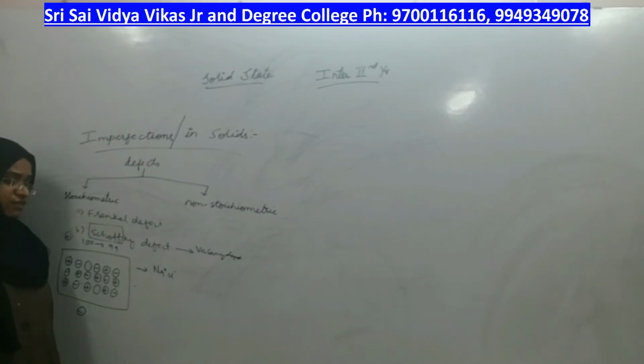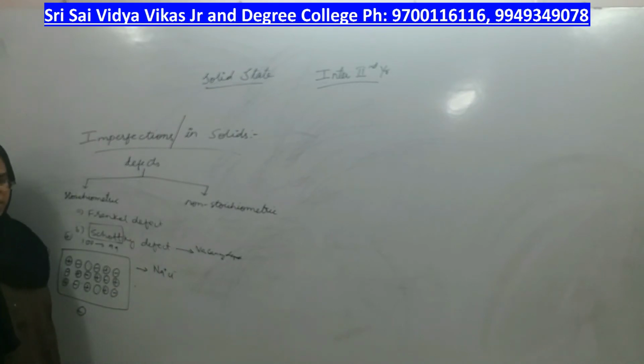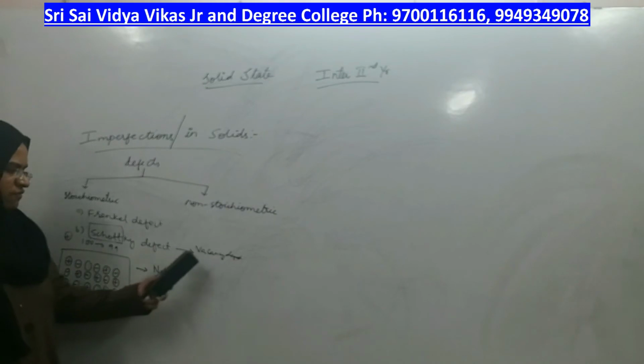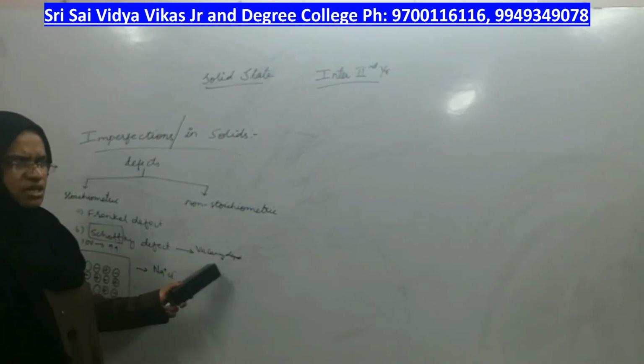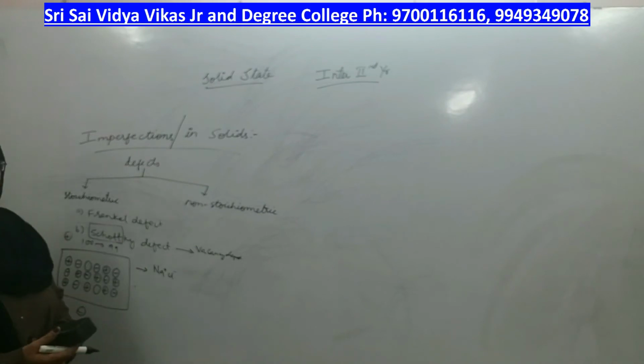Otherwise, if the size was different, they would not have been going out of the crystal, they would have remained in the interstitial position or somewhere in between, right? So, if both of them are coming out of the crystal, that means both have the same capacity and therefore similar sizes. So, in such compounds, Schottky defect takes place, in which only vacancy is seen, interstitial defect is not seen, right? So, these are two types of stoichiometric defect.